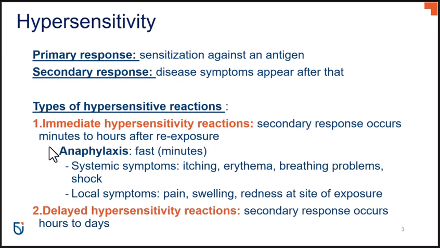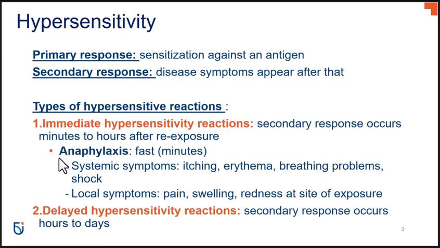Reactions that occur within minutes to up to, say, a few hours after re-exposure are considered to be immediate hypersensitivity reactions. Delayed hypersensitivity reactions may take several hours to appear, and they are at maximum severity days after re-exposure to the antigen.